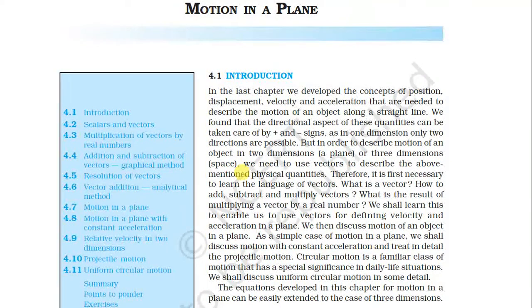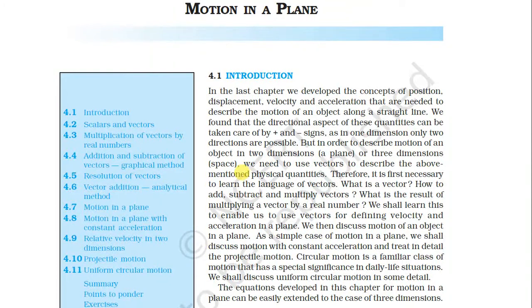It means a forward direction and a backward direction. But whenever we are discussing three dimensions, we need to use vectors to describe the above mentioned physical quantities. Therefore it is first necessary to learn the language of vectors.